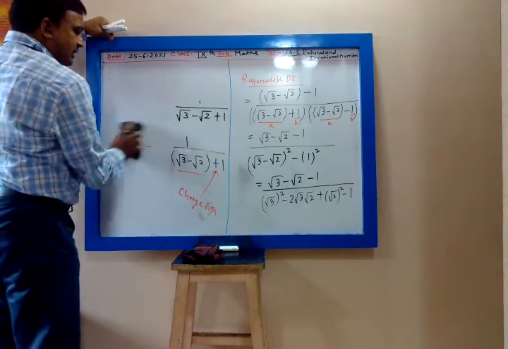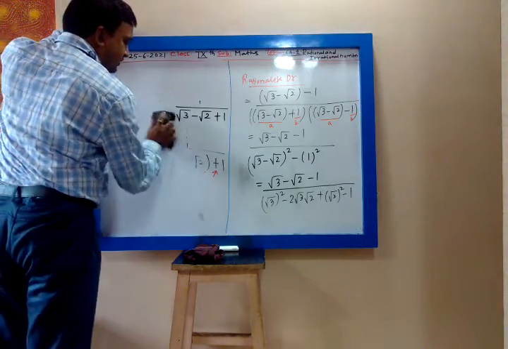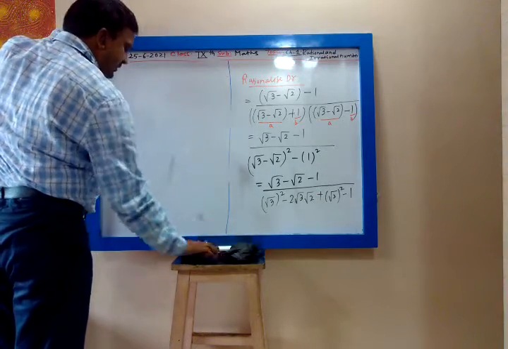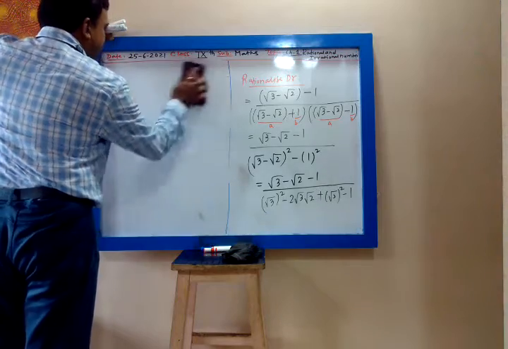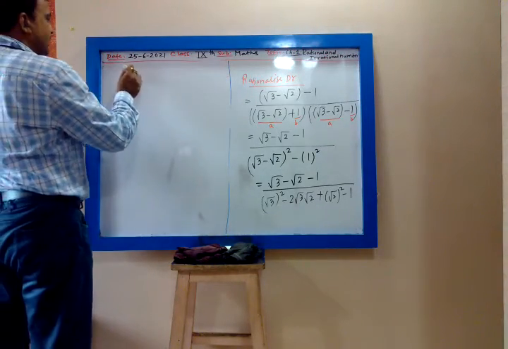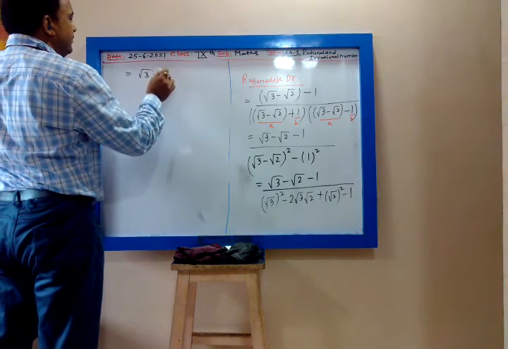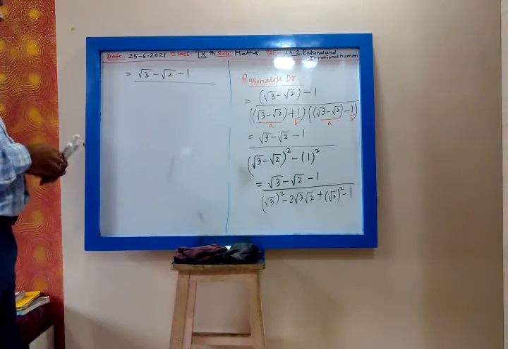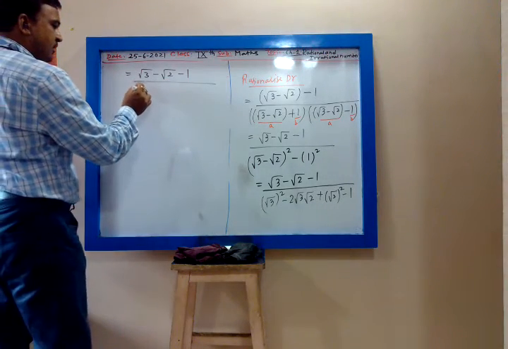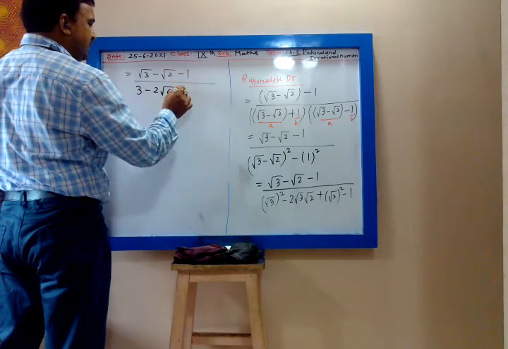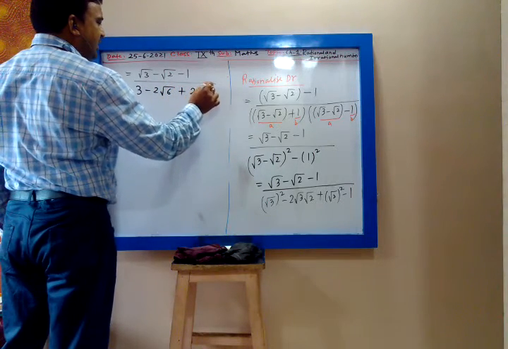Root 3 square is 3 minus 2 root 6 plus 2 minus 1, correct?